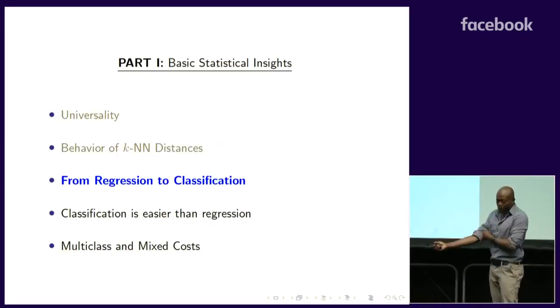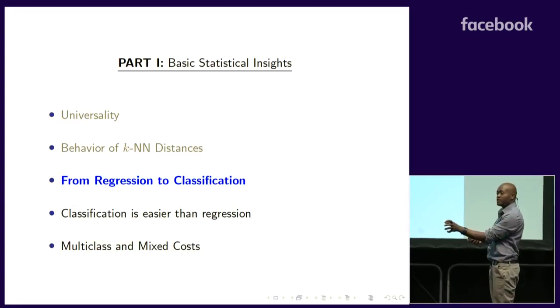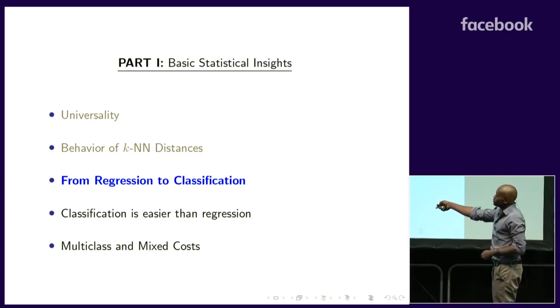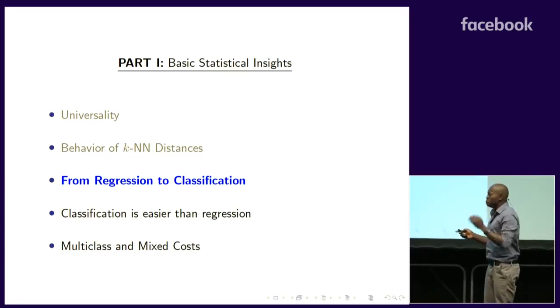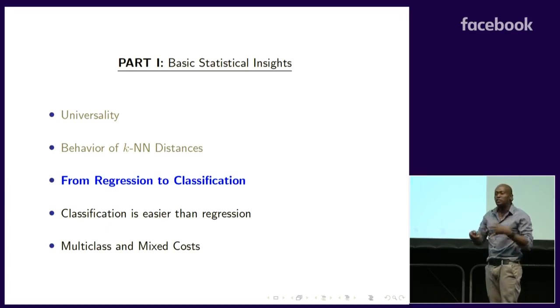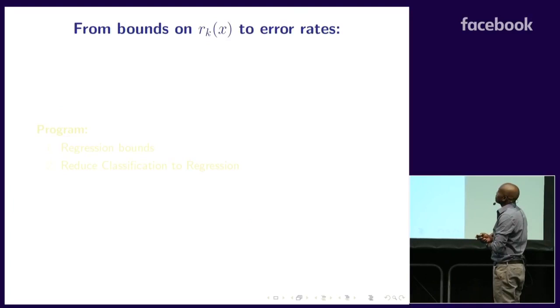So, in order to understand whether the fact that nearest neighbor distances are well behaved means that eventual procedures are well behaved, we'll look at regression and classification, and we'll try to establish rates for both. Much of the same intuition that I'll develop would also hold for similar problems.